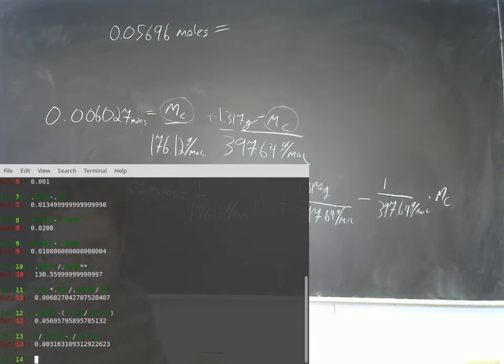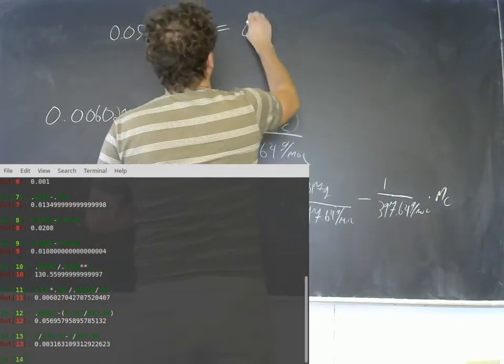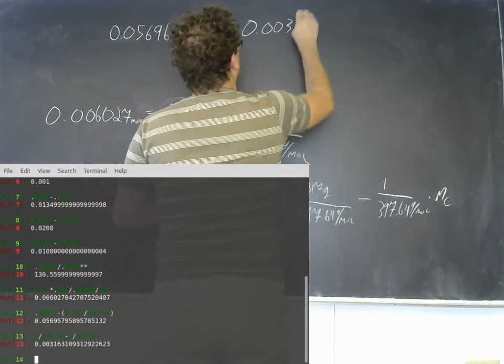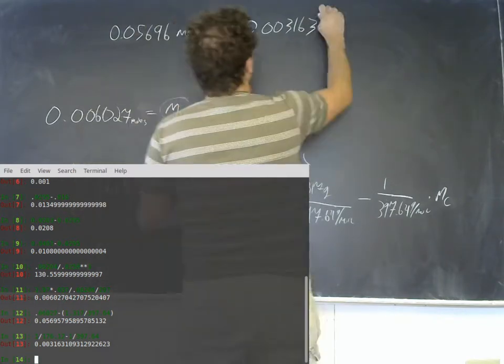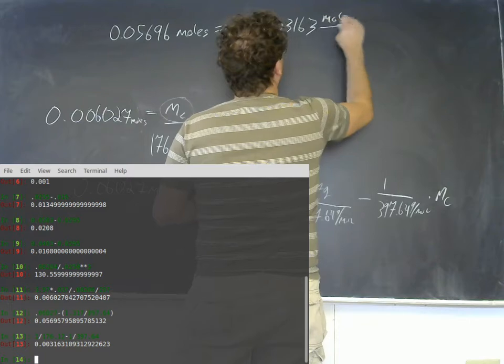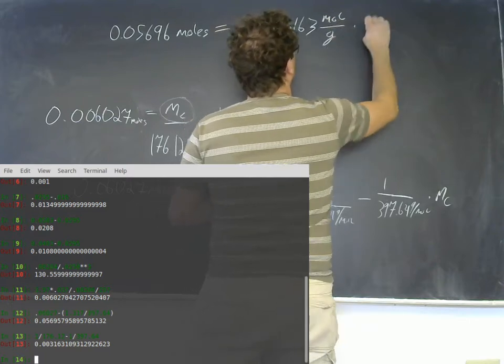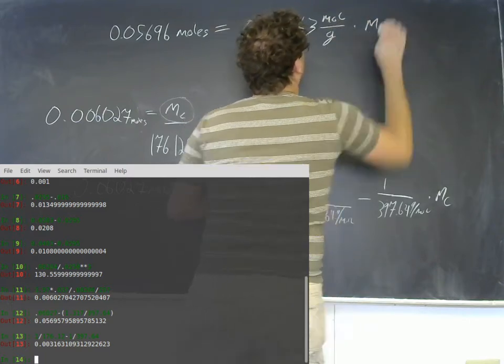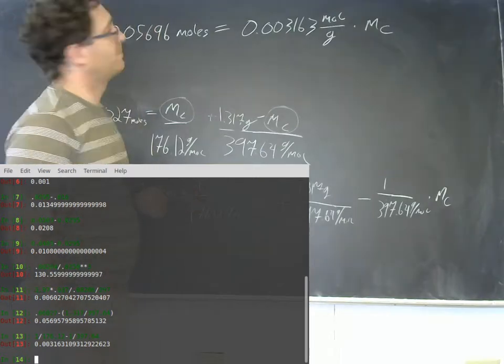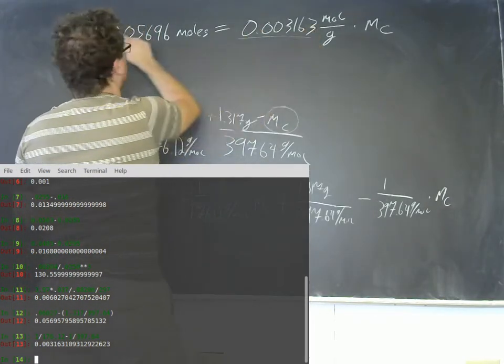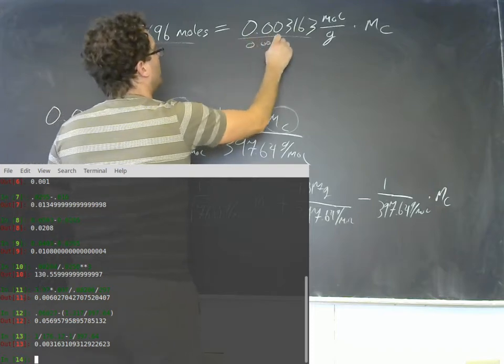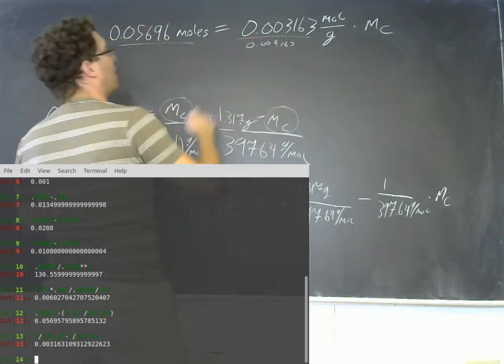And that's going to be 0.003163. The units here are actually moles per gram, and that's multiplied by the mass of vitamin C. And now it's just a matter of dividing by 0.003163 on both sides.